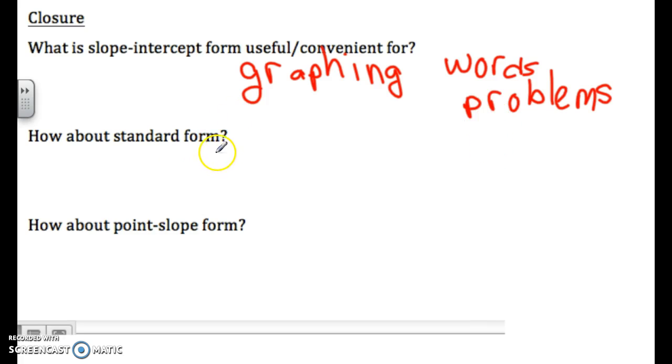Standard form, we're going to get to this later, but when we find out where two lines intersect, standard form can be useful for word problems. The other thing is if I want to find the x and y intercepts, those are very easy to find.